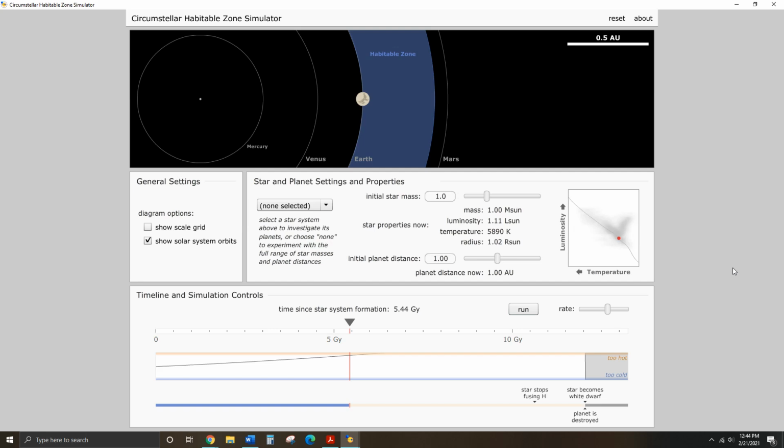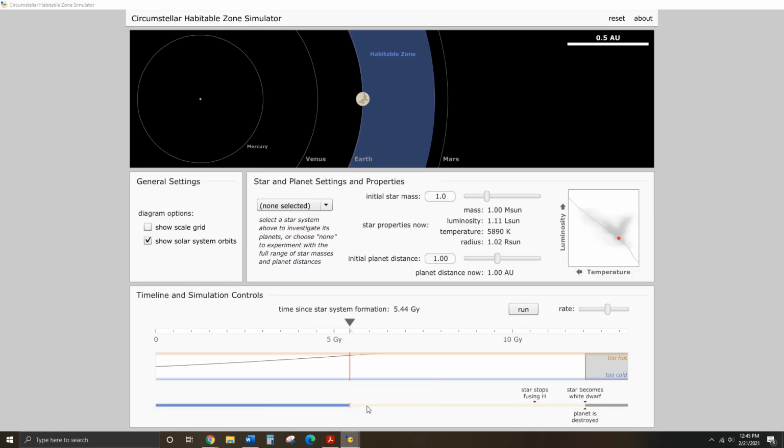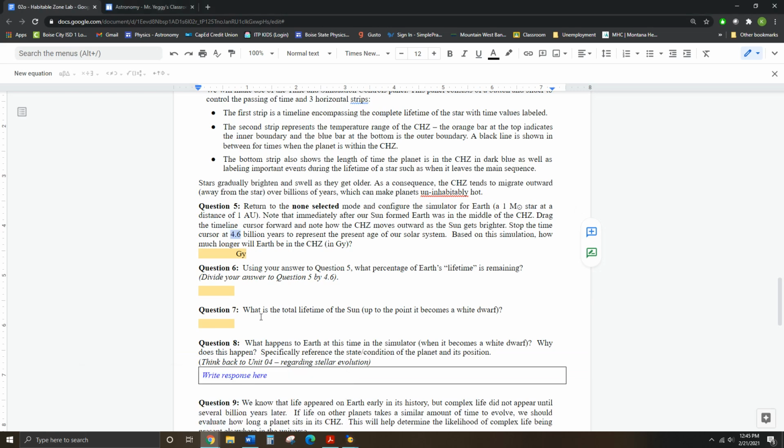We were at 4.6, but now we're at what number? When you answer the question, make sure that you do the math here. We start at 4.6 giga-years. We end at some number of giga-years listed here. Subtract the 2. Oh, wait. Yeah, subtract the 2, and you'll get a value.